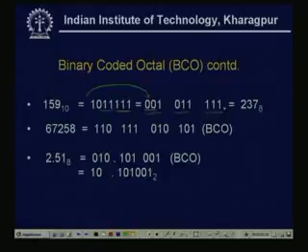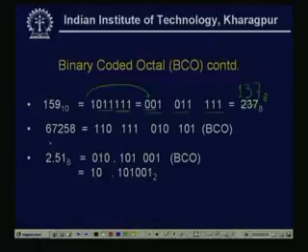Now, 0 0 1 is 1, 0 1 1 is 3 and 1 1 1 is 7. So, this is 137 in octal value.